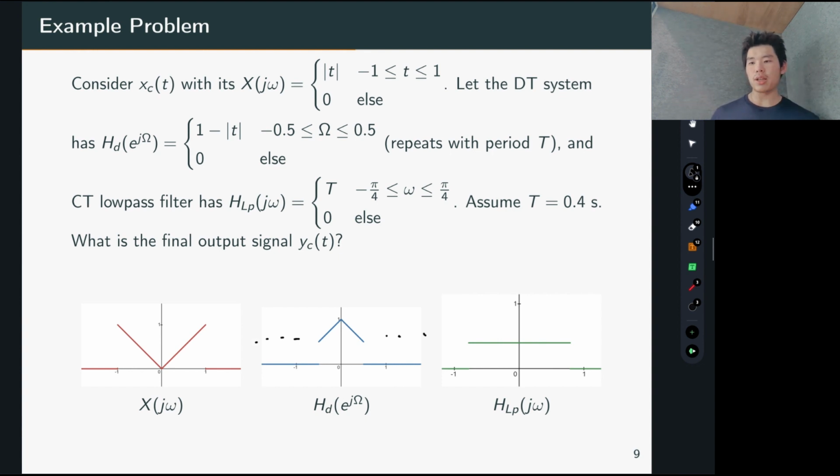And then a CT low pass filter H_LP, which has height T, and assume the sampling period is 0.4 seconds, and so we want to find the final output signal y_c(t). So how do we do that?